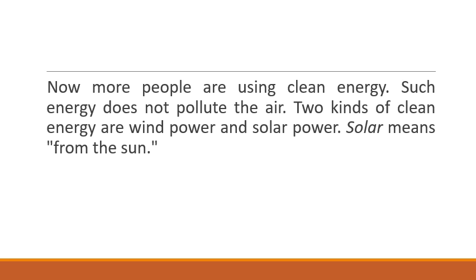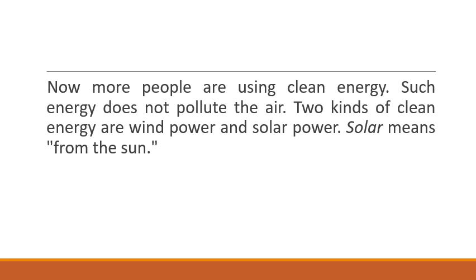And here, according to the second paragraph, clean energy does not produce any pollution to the environment, especially to the air. And according to this paragraph, how many kinds do we have for clean energy? We have two main kinds.